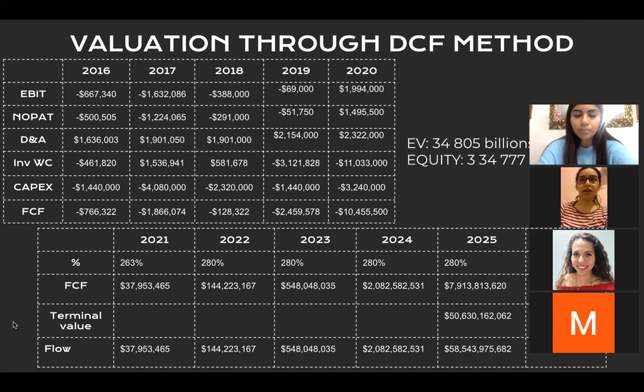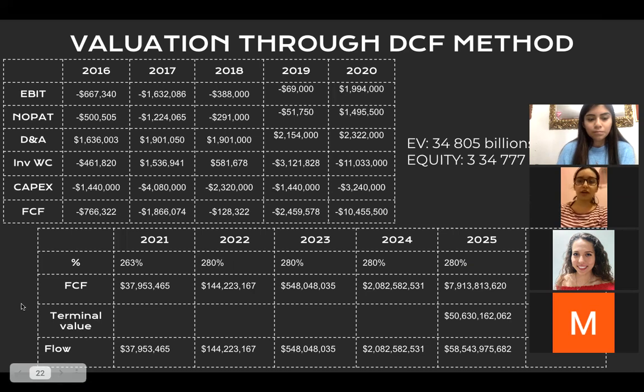Tesla has a problem because 2 years ago they had an increase of 500 on the last year of 200. So the percentage is 263. And for the last year, we choose 33% of growth because it's the standard of the vehicle and trucks industry.